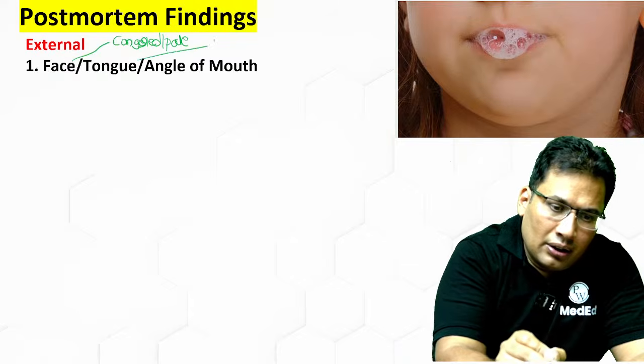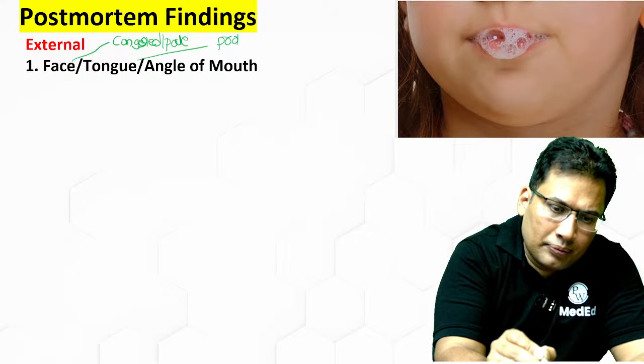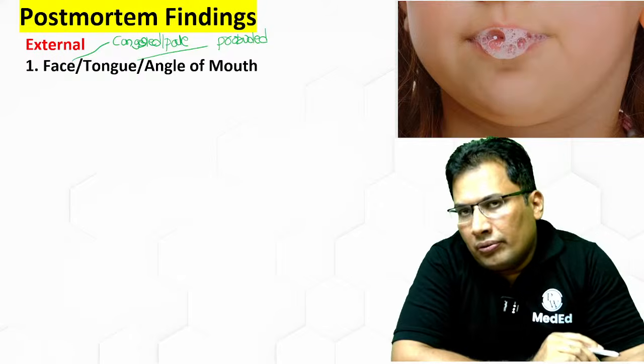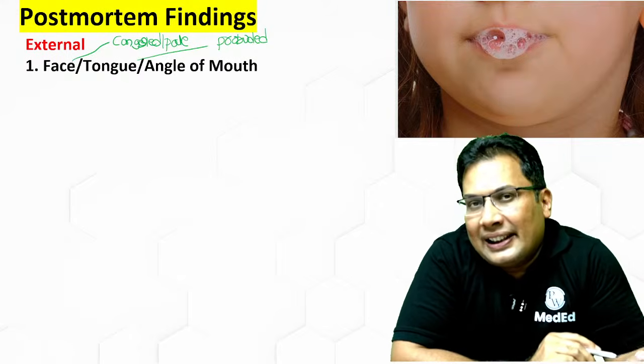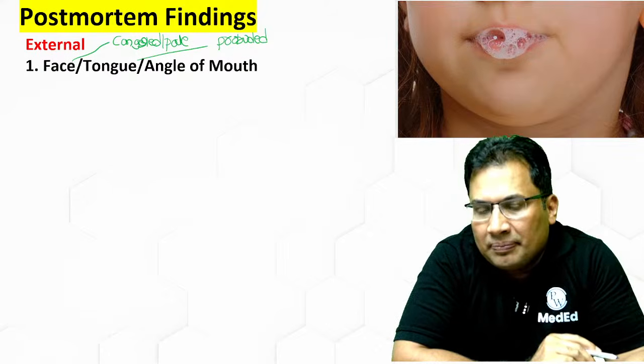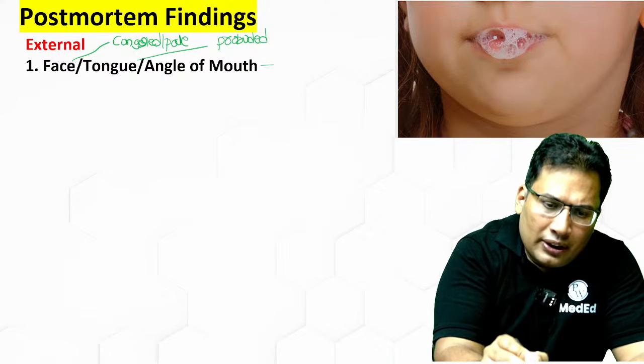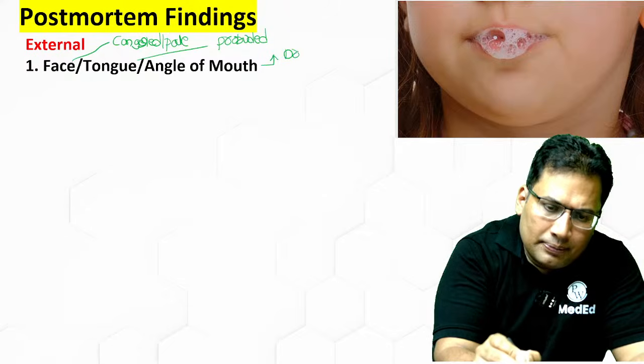Tongue. Tongue is protruded. Why protruded? क्यों होता है? Because of the increased pressure inside the larynx, oral cavity. Angle of the mouth that shows dribbling of saliva.